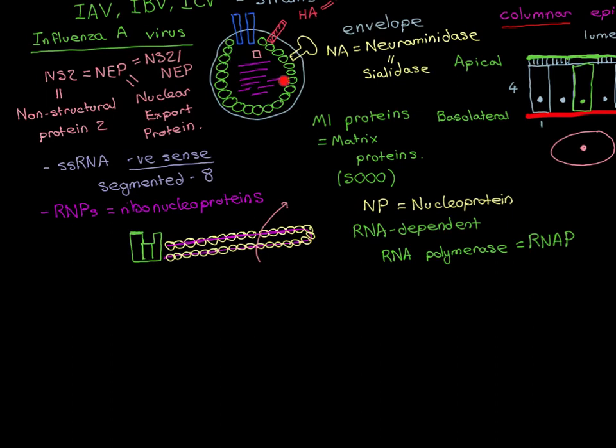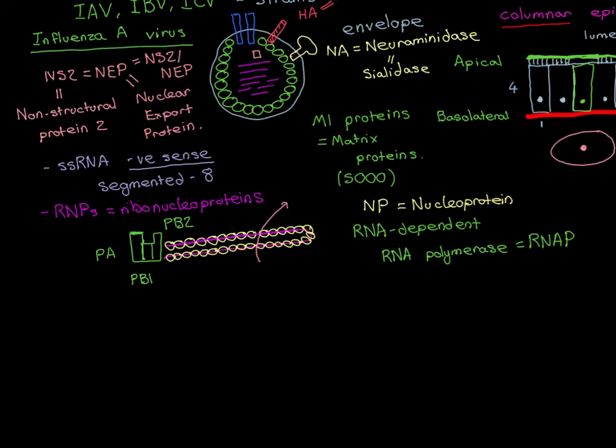So in these 8 ribonuclear proteins of the influenza A virus is the information for making each one of these proteins, and these proteins are given rather boring names. One is called the PA protein, the next one is called the PB1 protein, which can be the one in the middle there, and then the final one is called the PB2 protein. So these are 3 proteins, PA protein, PB1 protein, PB2 protein.